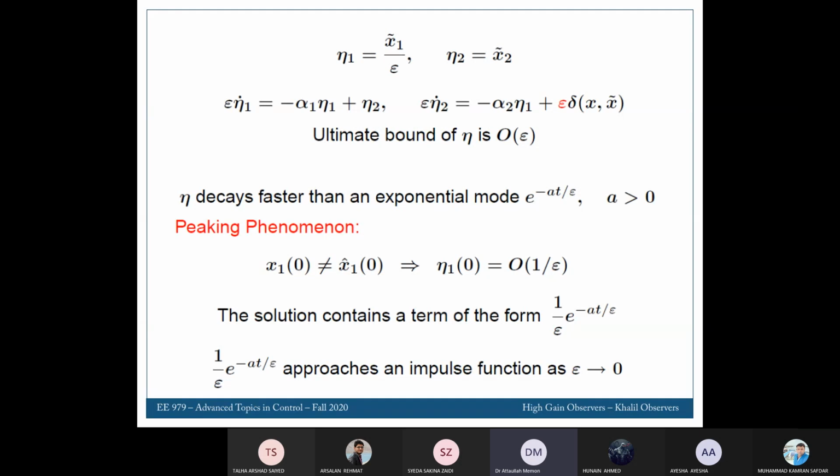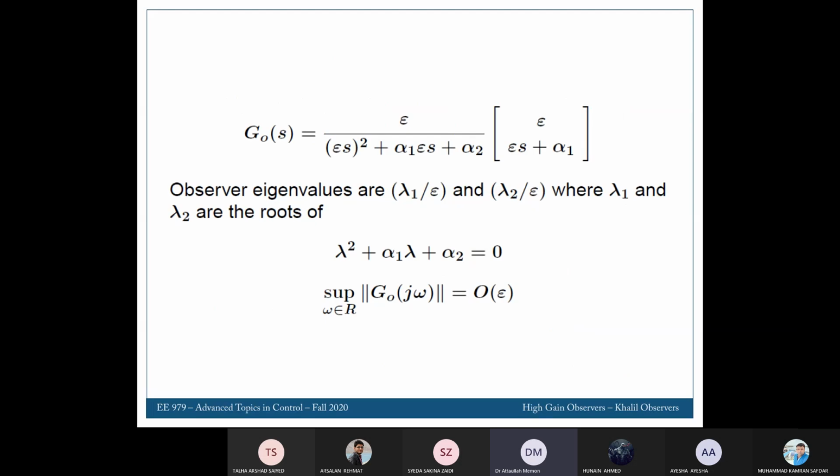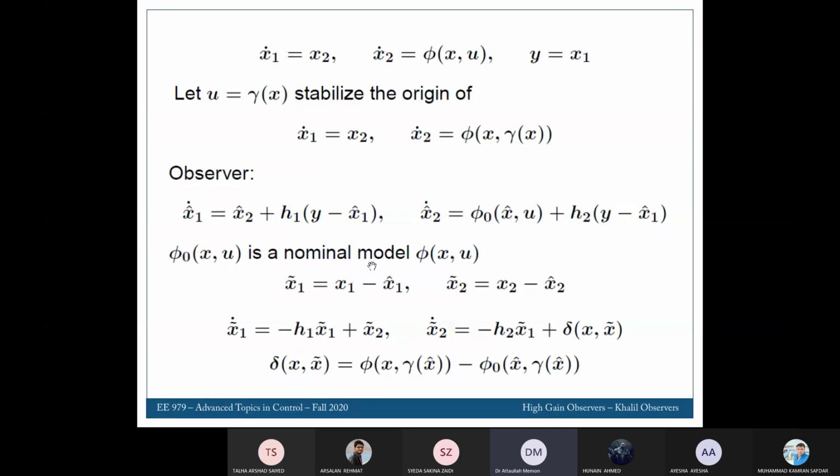However, there is an issue called the peaking phenomenon. This occurs if we have a huge difference between the initial conditions. If the observer is initialized far away from the actual system, this error is going to be huge. Remember that H2 is alpha 2 over epsilon squared, which is already huge, so it becomes even more huge.